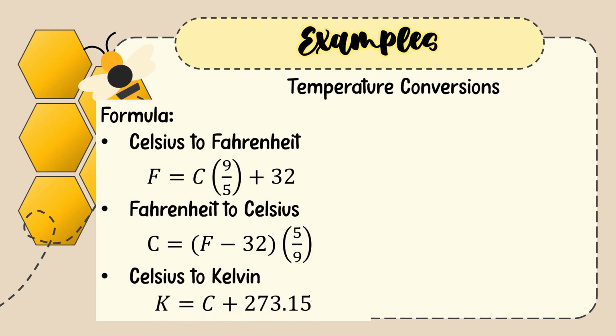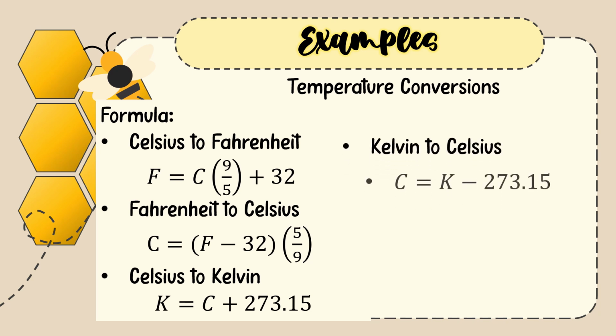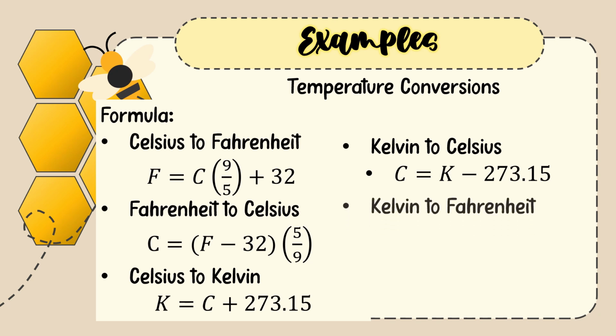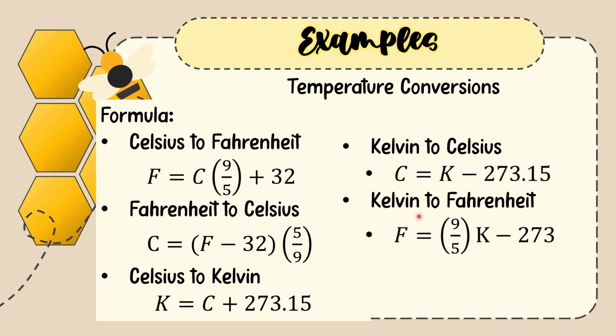Celsius to Kelvin, we have here K is equal to C plus 273.15. Kelvin to Celsius, we have here C is equal to K minus 273.15. And the last formula is Kelvin to Fahrenheit, which has the formula F is equal to 9 over 5 times K minus 273. So these are the 5 formulas in converting temperatures.